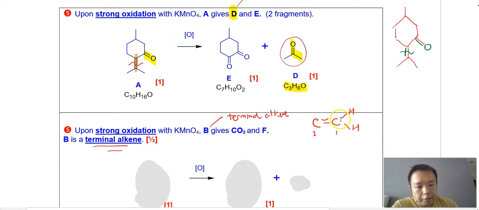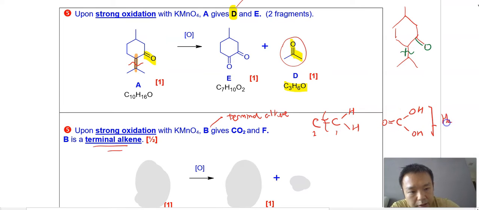So if it's a terminal alkene, there is no more carbon on this carbon number 1, so we cannot have any more C's here. It must be an H. If not, that will not be carbon number 1. So when you break a terminal alkene, what do you get? You get C=O with OH and OH, and this is basically the carbonic acid H2CO3, which essentially is just CO2 plus water.